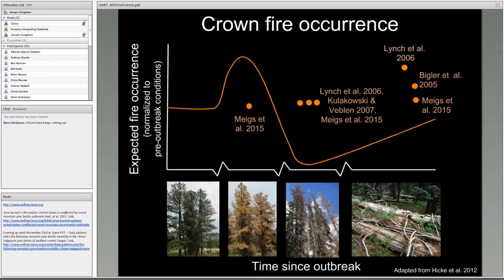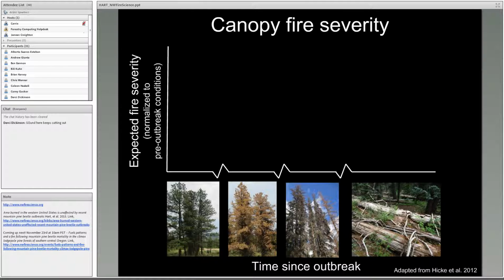We'll now take a look at fire severity, and here I'm talking about canopy fire severity. Again, we've got on the x-axis time since outbreak, and on the y-axis expected fire severity. And the expectation is that, again, as trees move to that red stage from being unaffected, changes in foliar moisture might promote more severe fire during the red stage.